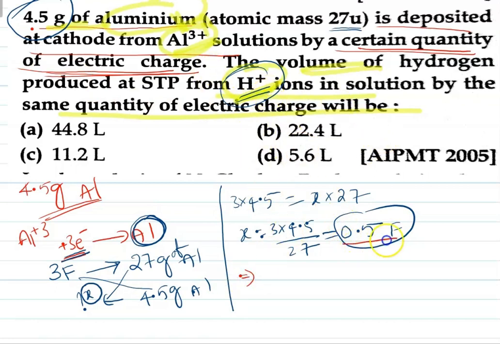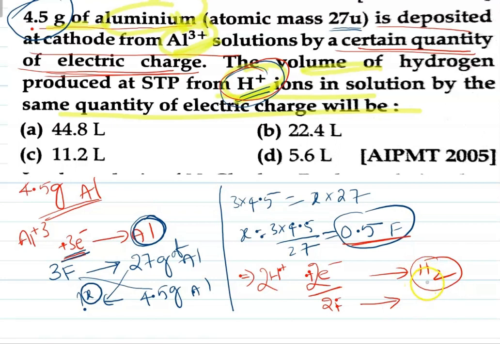This amount of charge is used to convert our H+ ion to H2. When you are converting H+ ions into hydrogen gas, how many electrons are required? You need 2 electrons: 2H+ plus 2 electrons gives H2. That means generally 2 Faradays are required to form exactly the molecular mass of hydrogen. What is the molecular mass of hydrogen? 2 grams.